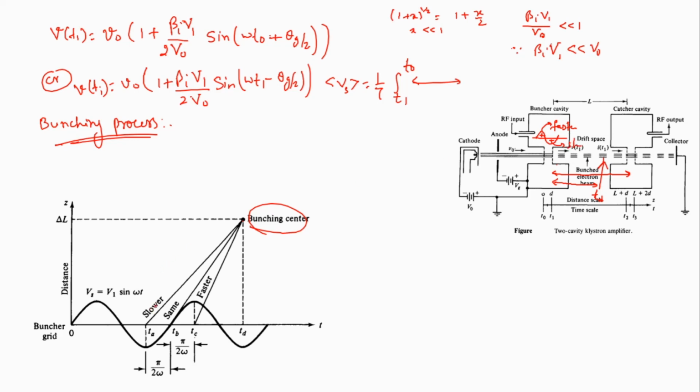Already mentioned, this is the slowest one and this is a slower electron which is having a slower velocity, and this is the faster electron which is having a faster or accelerated velocity, and this one is going under no velocity change. So all these slower, faster and same velocity electrons will travel the same distance, which is called delta L. This is the bunching grid distance.